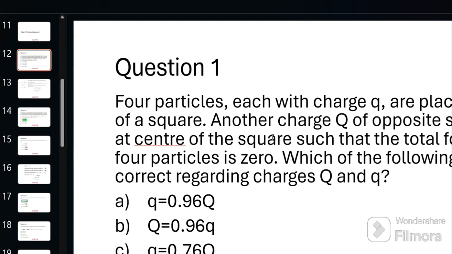Four particles, each with charge q, are placed in the corners of a square. Another charge Q of opposite sign is placed at the center of the square, such that the total force on each particle is 0. Which of the following relations is correct regarding charges q and Q?